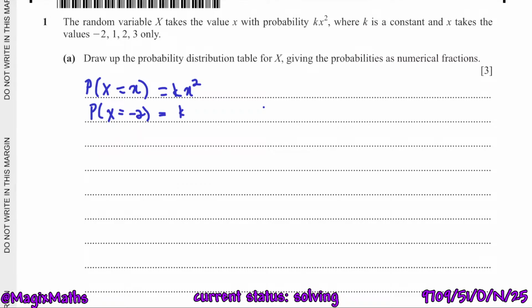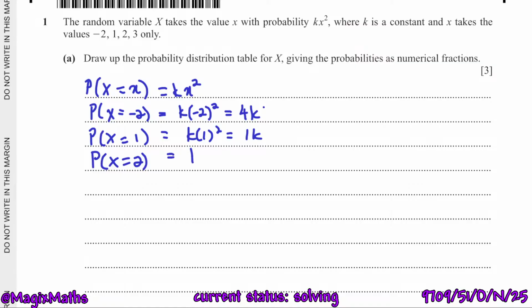We have k times -2 squared, or 4k. And x is 1, k times 1 squared equals 1k, and x equals 2, k times 2 squared equals 4k, and then x equals 3 gives k times 3 squared, or 9k.